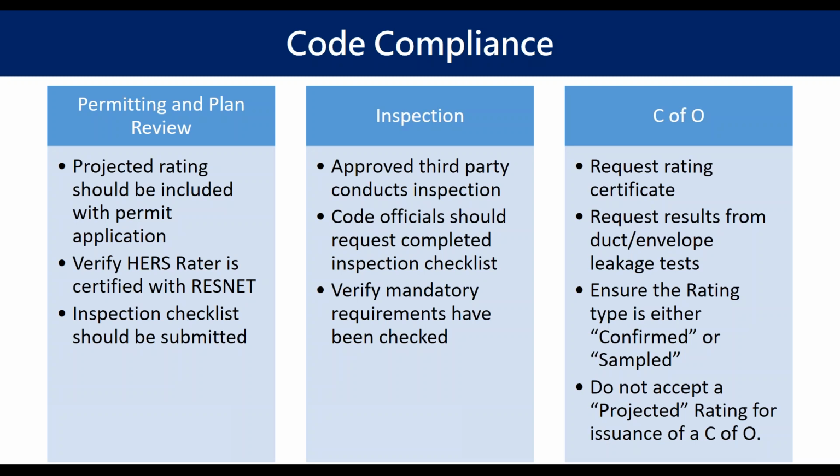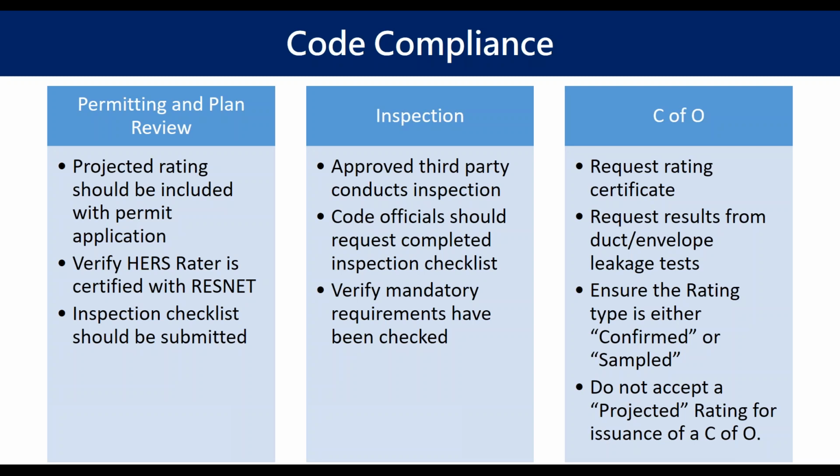For the permitting and plan review, there's what's referred to as a projected rating. A projected rating is one that is based on the actual building plans, and the anticipated design and specifications of that home are used to determine the ERI or HERS score in a projected rating.